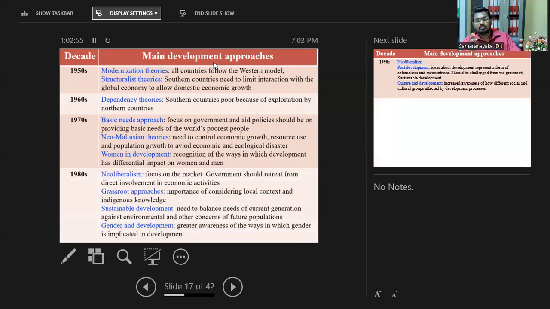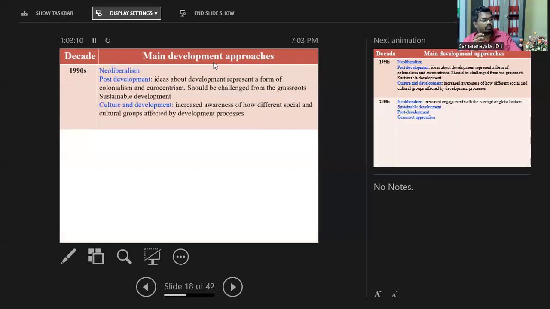Then in the 1980s, we have neoliberal concerns, and the so-called grassroots approach for development, sustainable development, and gender and development. So on, so theories were there. And then in the 90s, we have further neoliberalism and especially neoliberal post-development prospects.